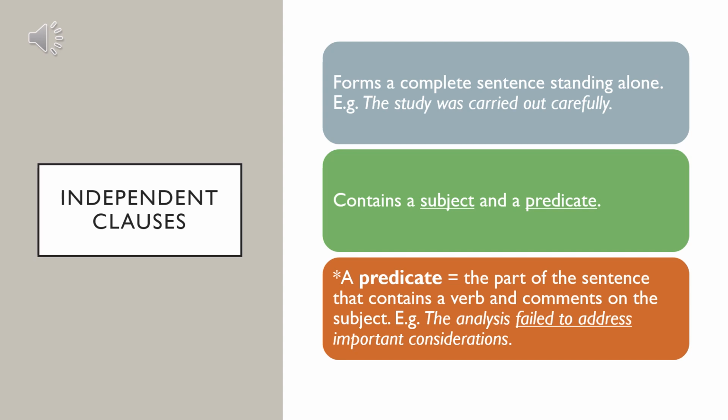If you have a subject and a predicate, you have an independent clause. In our first example, in blue, the study is our subject and was carried out is our predicate. In our second example, in orange, the analysis is our subject and failed to address is our predicate.